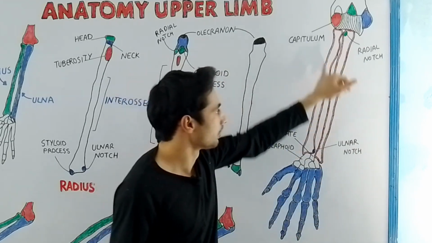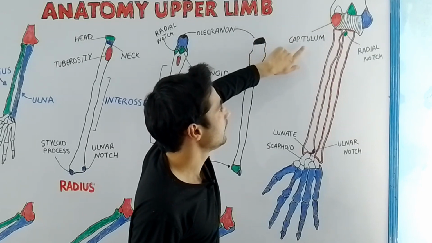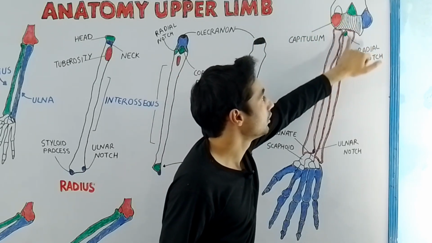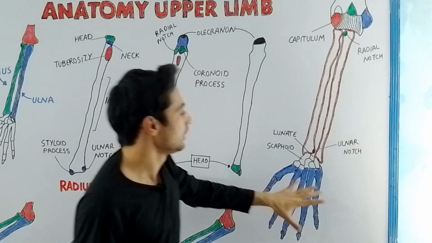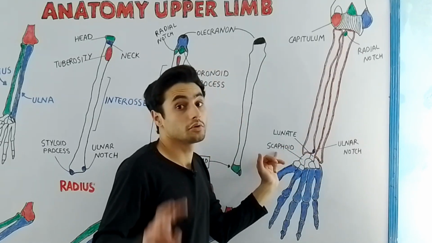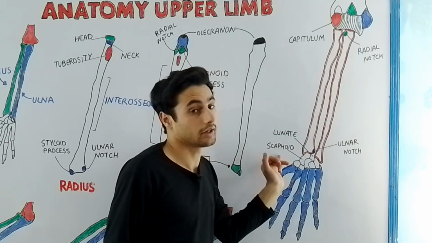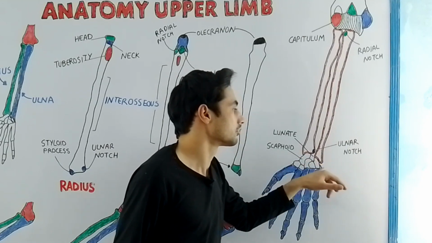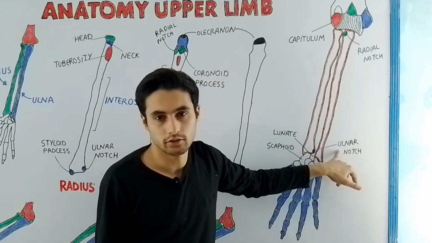Distally, the radius bone is articulating with two carpal bones, the lunate bone and the scaphoid bone, and also with the head of the ulna through the ulnar notch present on the radius bone.